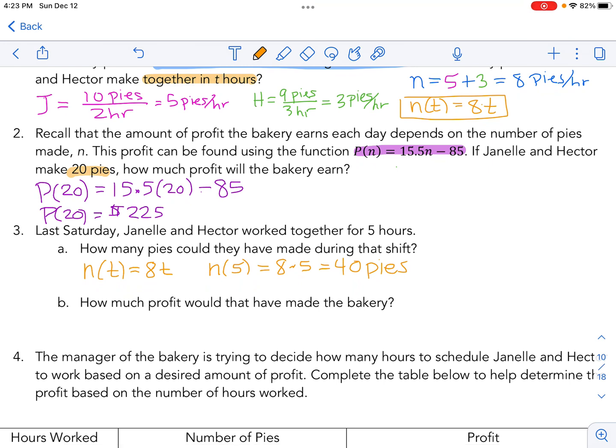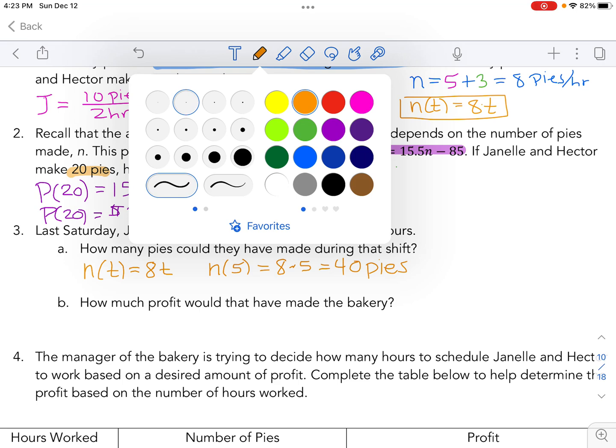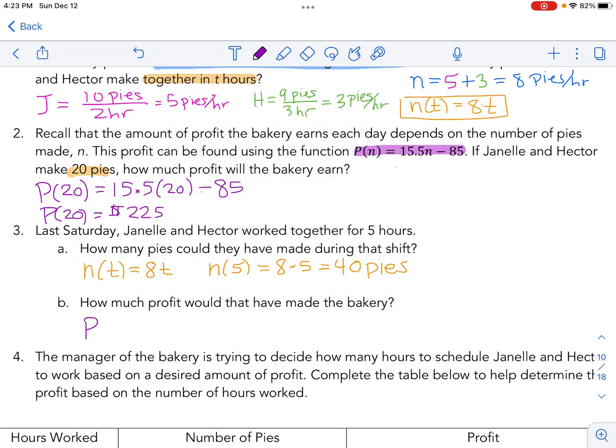And then they go on to ask, how much profit would that have made the bakery? So the idea is, now that we know how many pies they made, we can use that profit function, because that profit function is based on the number of pies. So if you look at the variables we're using, we started with a time concept, and it's going to get us all the way to money, right?